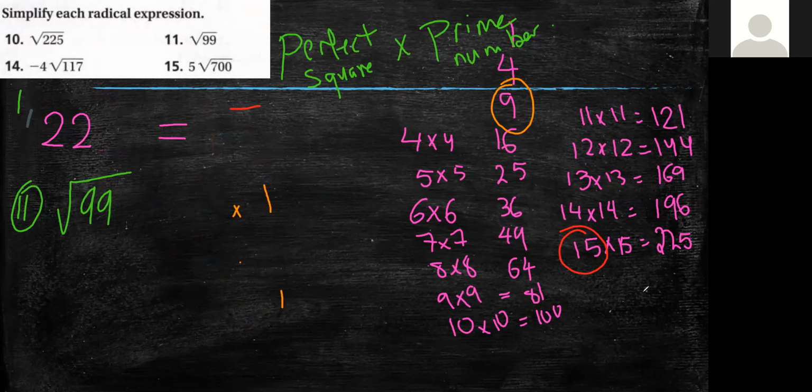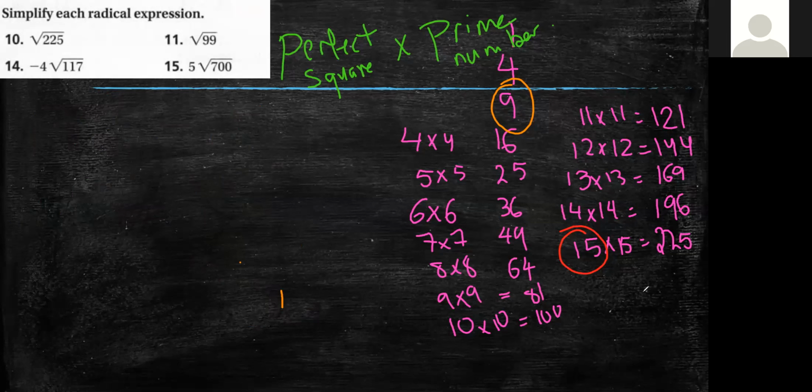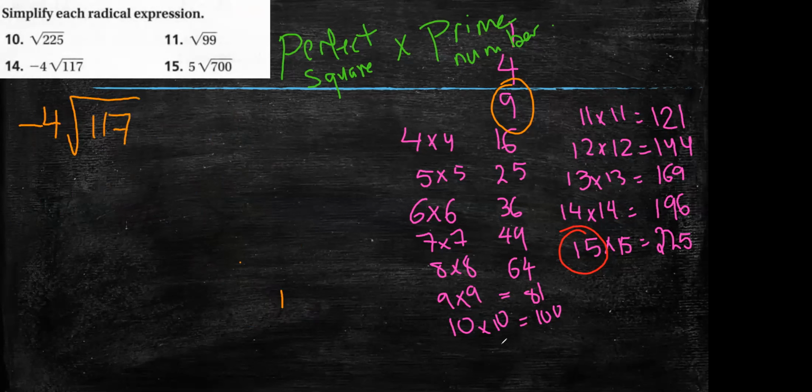Now number 14. In number 14 here, we have negative 4 square root of 117. Negative 4, keep it outside.